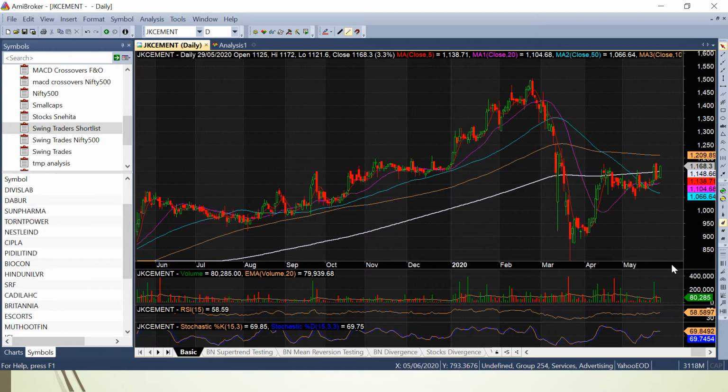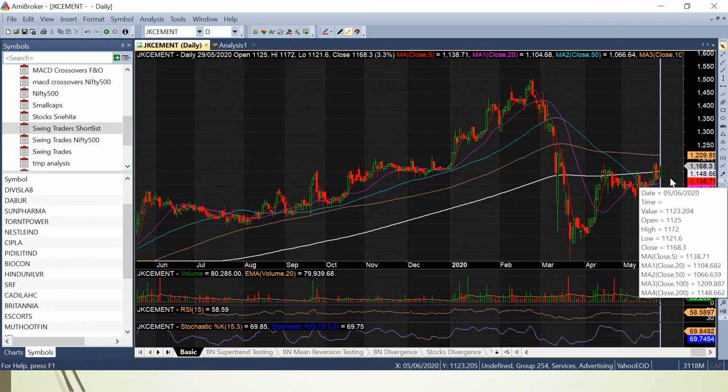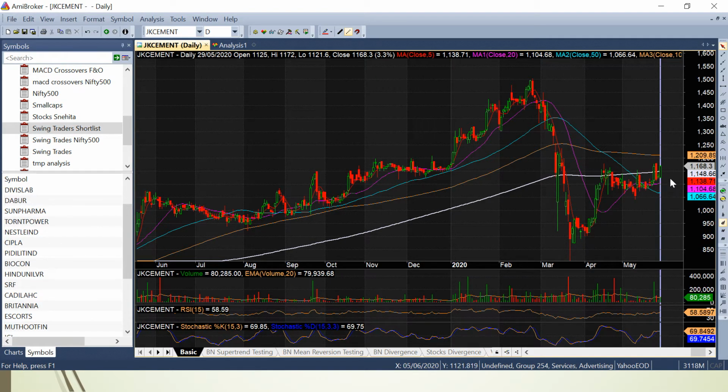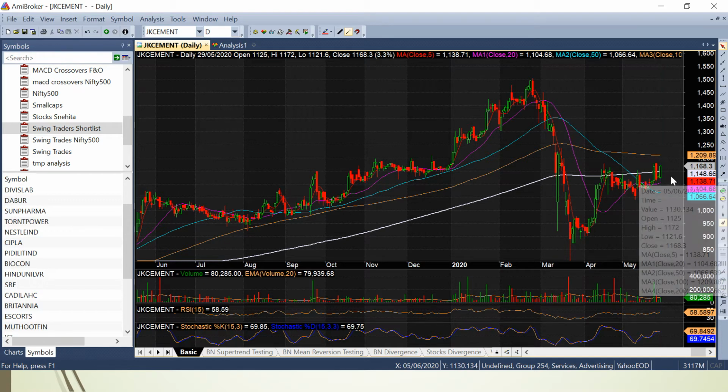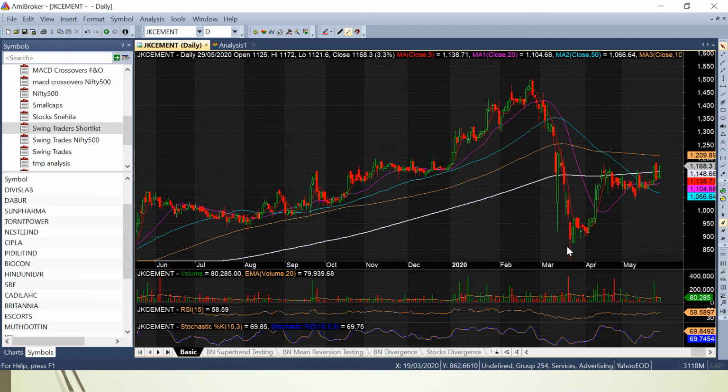What it does, you have to first identify, let's say I am in the daily chart of JK Cement, and we are here this day, 29th May. Here you have to see, if the price continues to move up, what will be the points where it can face major hurdles, and that is defined in Fibonacci retracement based on the retracement levels of the previous fall or rally.